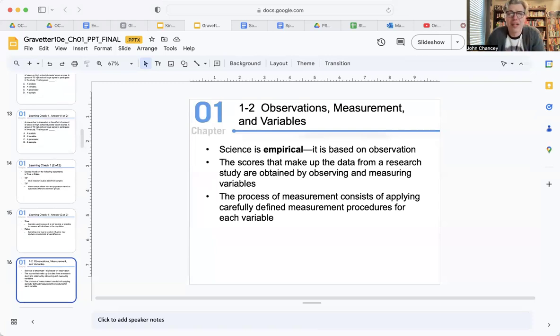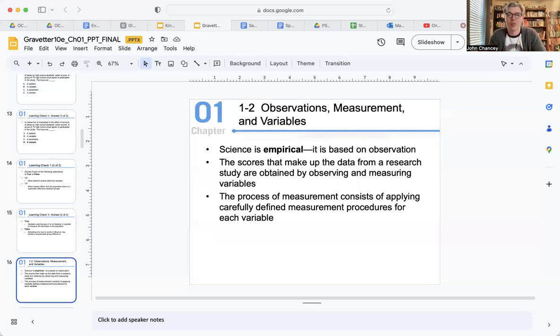Okay, so back to ways of thinking about statistics and science. We're talking about where statistics fall in terms of science. Well, science is an empirical undertaking, meaning we are trying to derive truth and understanding about the world around us by making observations of what we see around us.